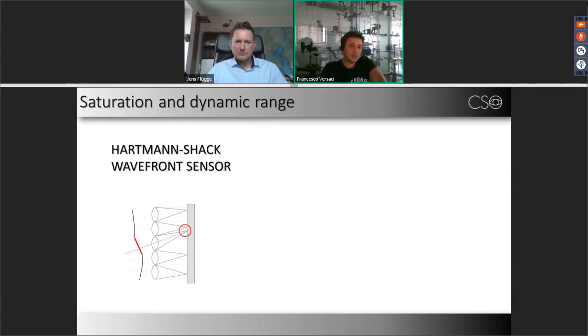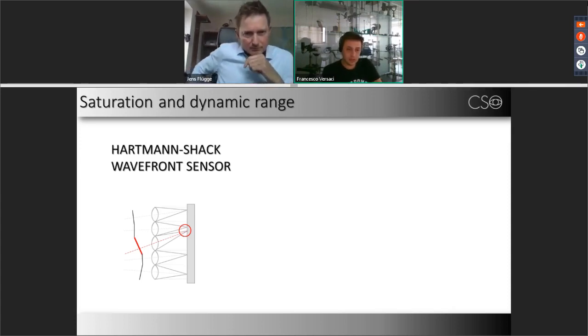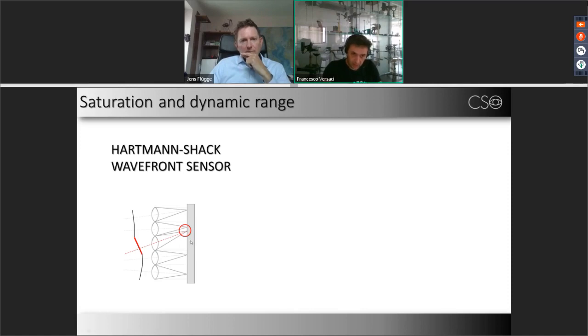The dynamic range saturation. We know that there are limits for all technologies to the maximum slope that an aberrometer can measure. For the Hartmann-Shack sensor, this limit is reached when a single cell, this cell here, the red circle, receives two spots instead of one, because the spot of the cell below is so displaced with respect to its axis that it ends up in the neighboring one.